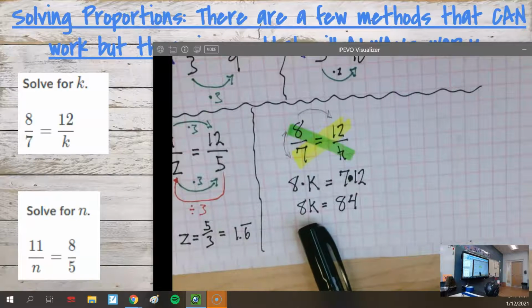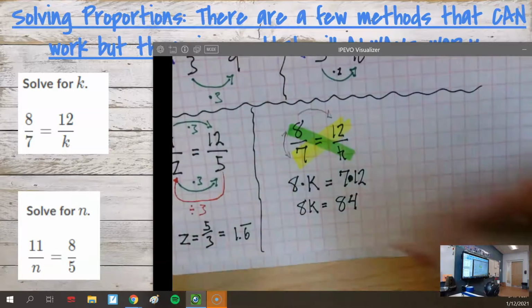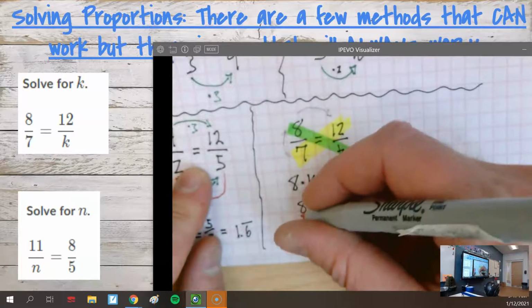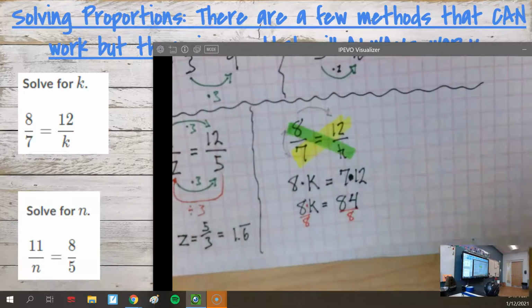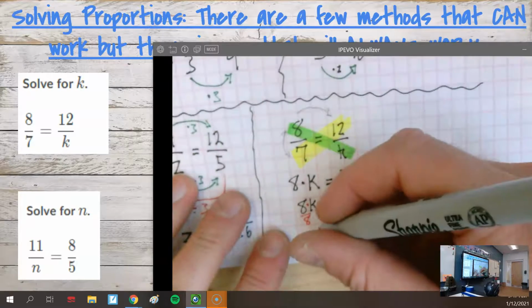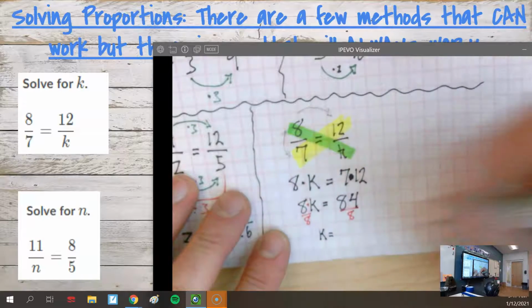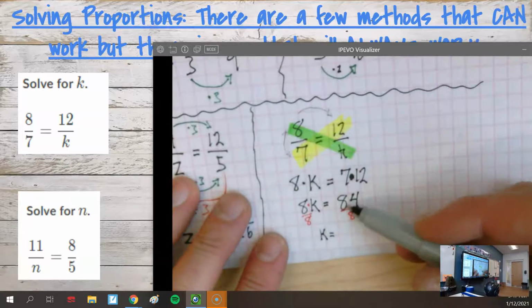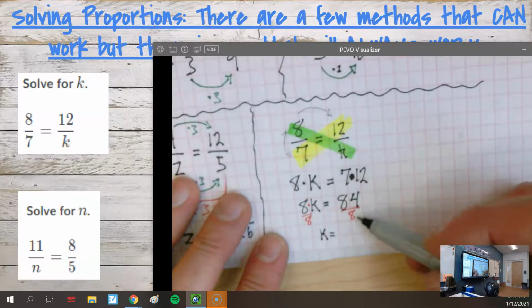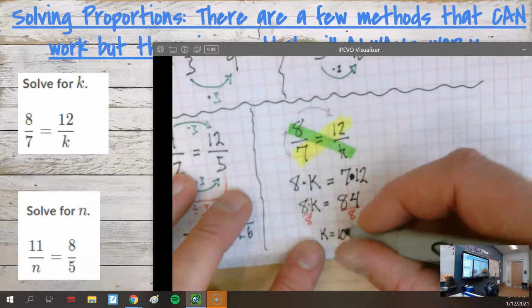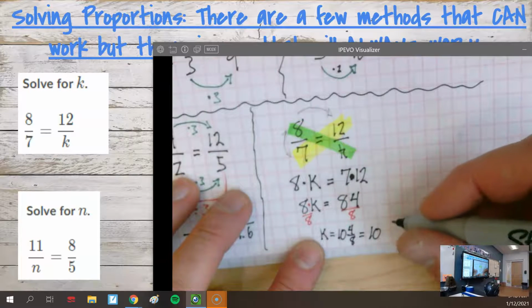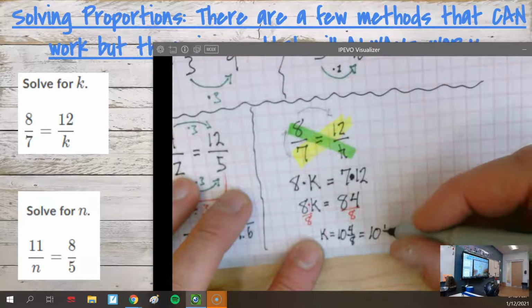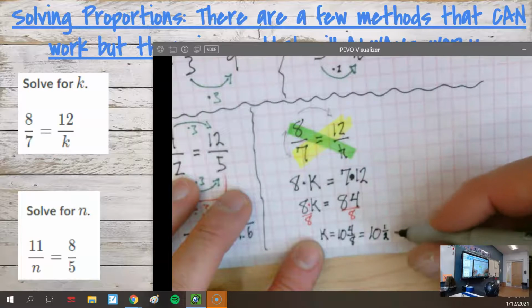What's the opposite of multiplication? Division. So to get rid of this multiplication, we want to divide. And k, whoever's got a calculator, 84 divided by 8 would be 10. So then it's going to be 10 and 4/8. Or that reduces to 10.5 if you want to make it a decimal.